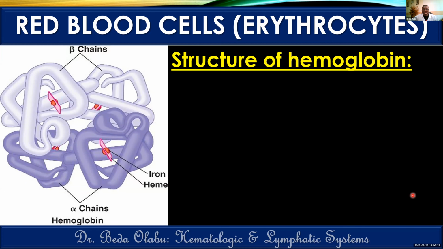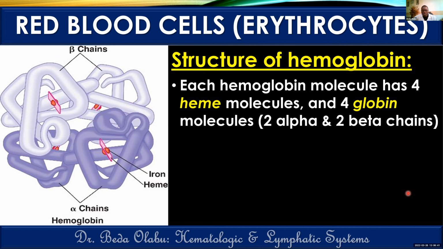Now that we've mentioned that hemoglobin is contained within the red blood cells, let's talk about the structure of hemoglobin. Each hemoglobin molecule has 2 components, the heme part and the globin part, and that's why we call it hemoglobin. There are 4 heme molecules and 4 globin molecules within hemoglobin.